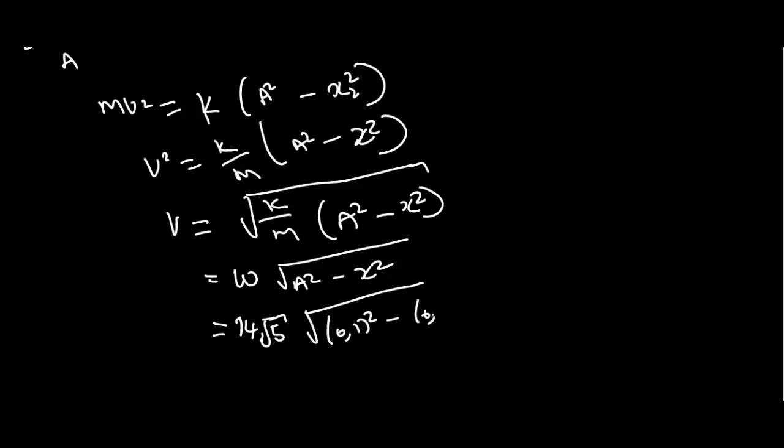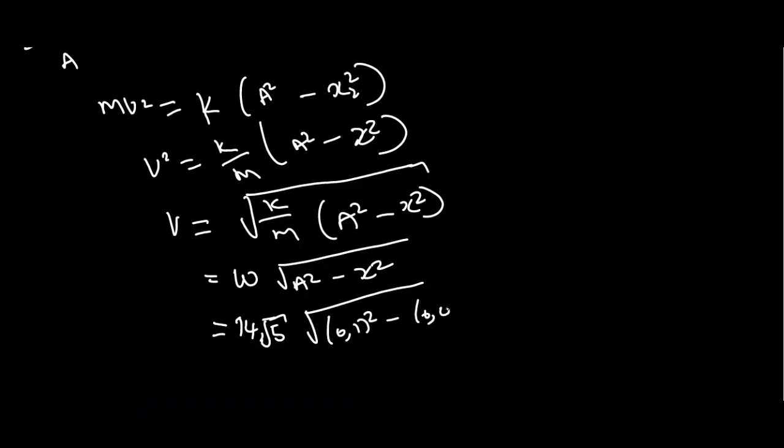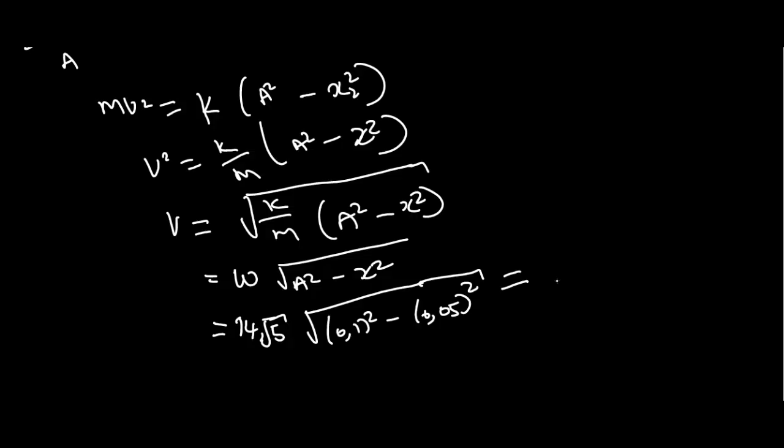Remember, we're talking about the speed of the block when the spring is 5.0 cm long. So that is 0.05, squared, and then from that point, let me punch my calculator.